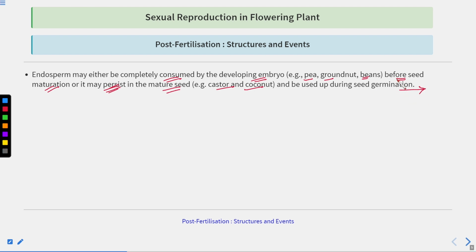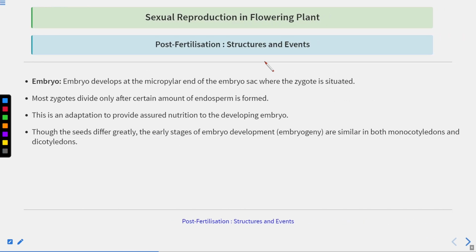Seed germination also requires a lot of energy. This energy, or this nutrition, is provided by the endosperm.